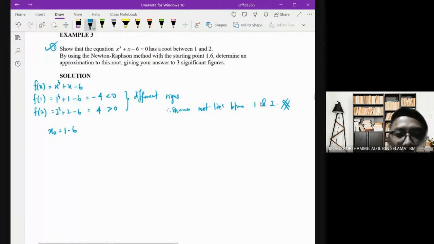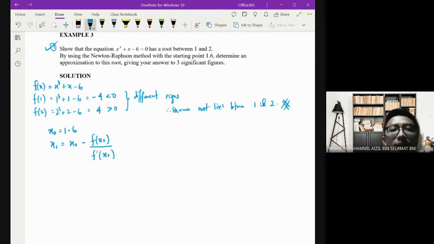Therefore, we can proceed with x1. The formula, be careful, to get x1 we need x0 minus f(x0) over f prime(x0).